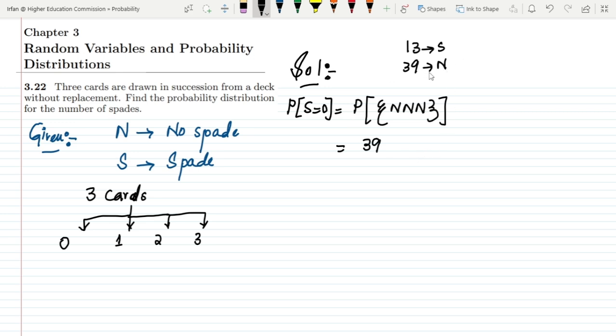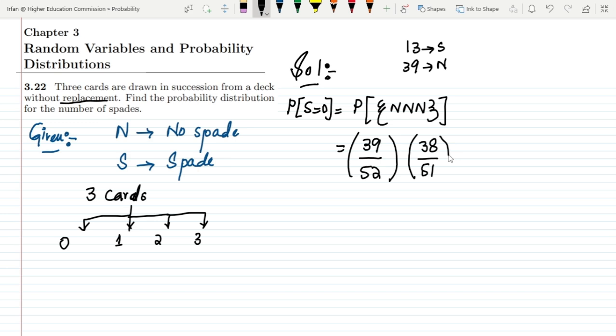If we don't have any spade in the first turn, the number of items I have to pick from is 39 out of the total 52. If one non-spade item has been selected, how many non-spades remain? We will have 38 non-spades out of 51, because this is sampling without replacement.